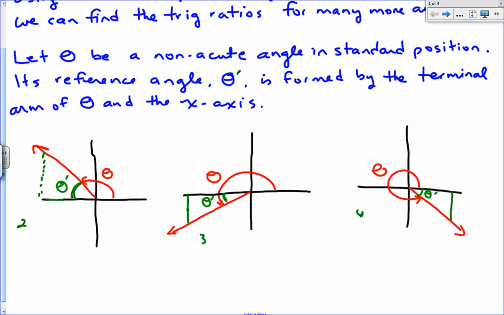In quadrant 2, and I really should be writing that in Roman numerals, you could take 180 degrees and subtract theta to get theta prime. So you could do 180 degrees minus theta, or when we're working in radians, pi minus theta. In quadrant 3, we could take our angle theta and subtract pi, or subtract 180 degrees.